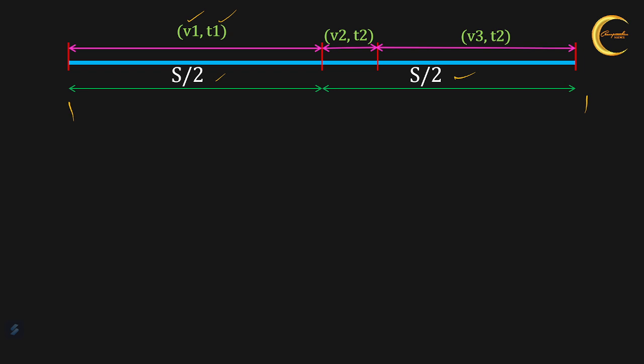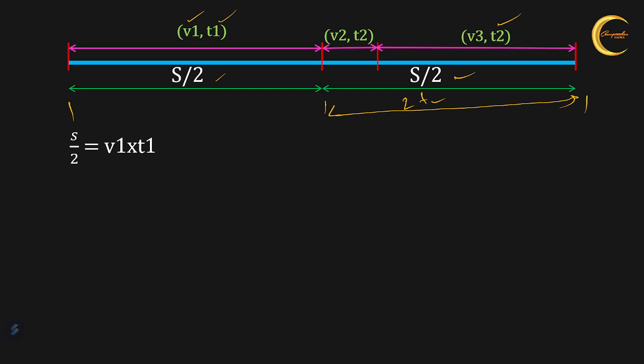For the other half of the distance he has taken 2t2 time. I have written 2t2 so that we can simplify the problem. This one is v2 velocity in t2 time, and another is v3 velocity for another t2 time. So the total time he has taken is 2t2.